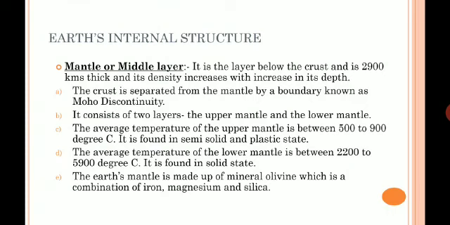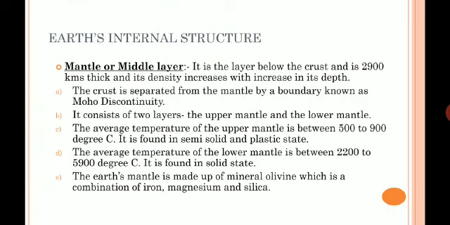Let's discuss the second internal structure, which is mantle, or the middle layer. It is the layer below the crust and is 2900 kilometers thick, and the density of the mantle increases with the increase in its depth. The crust and mantle are separated by a boundary known as Moho discontinuity. It is of two types, the upper mantle and the lower mantle.